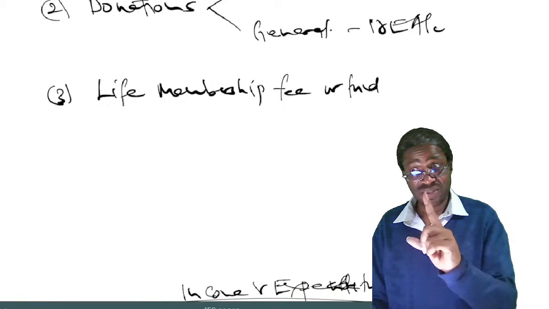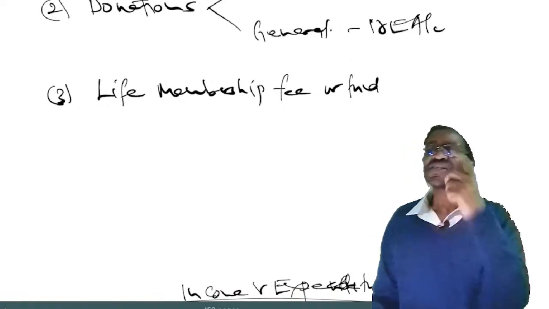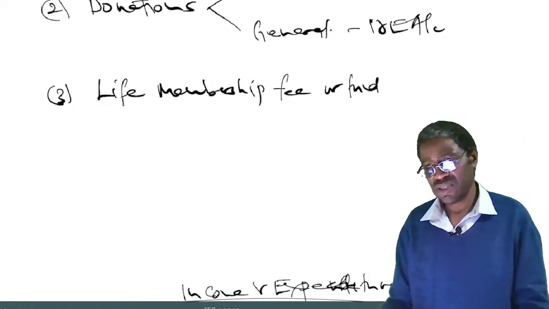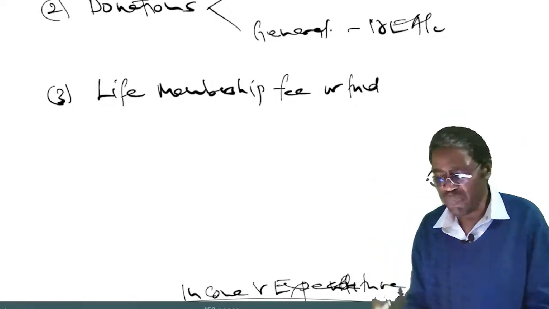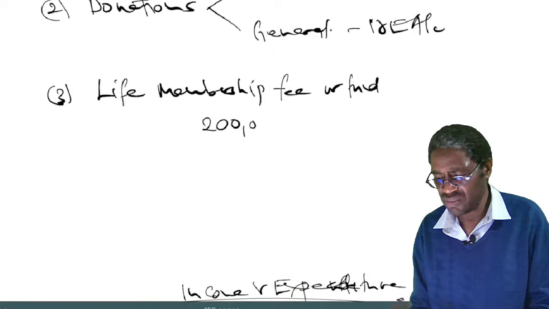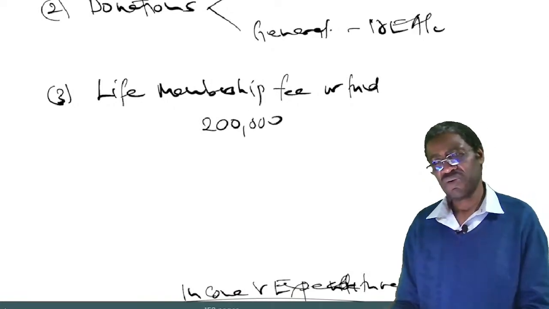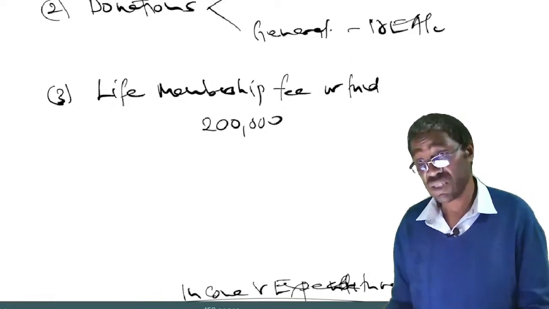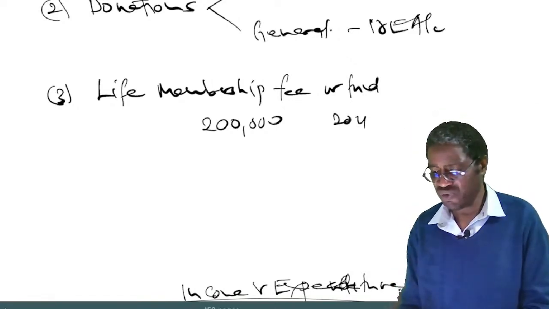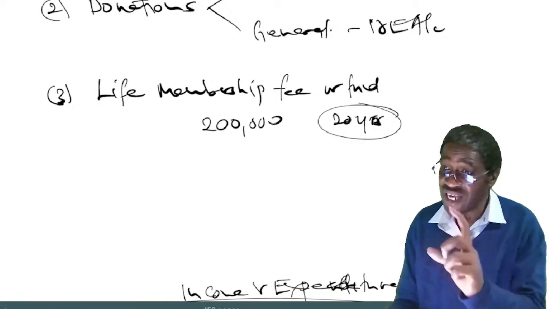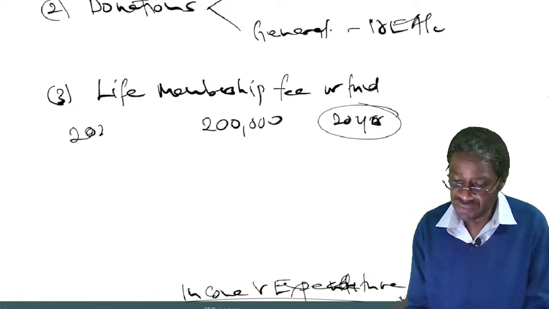Now listen. Suppose your club decides that if a member pays them 200,000, that will cover them for 20 years. We are in the year 2020.